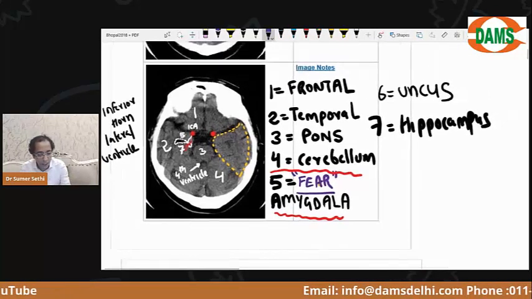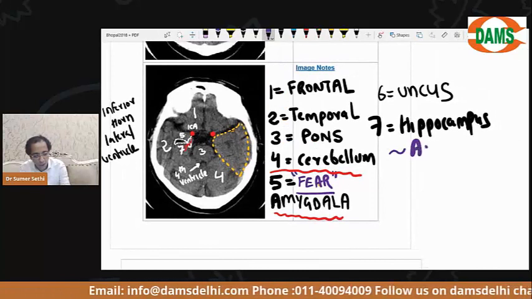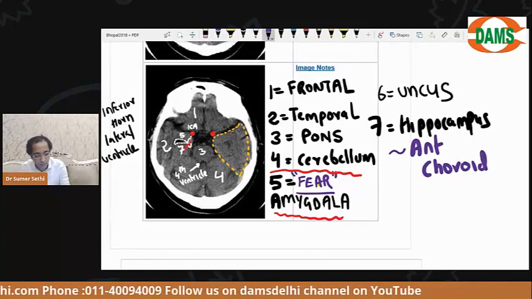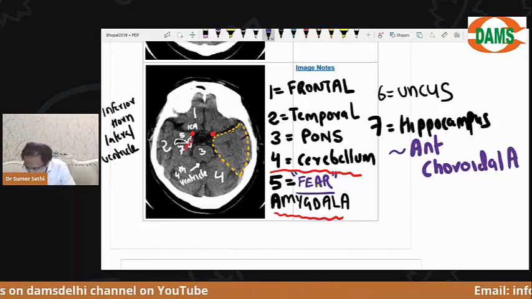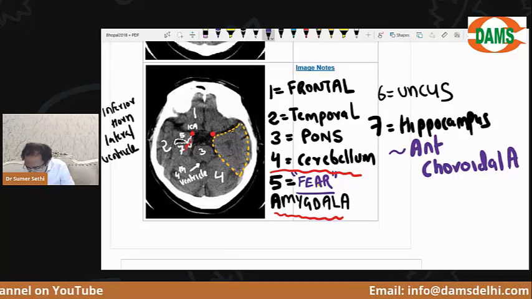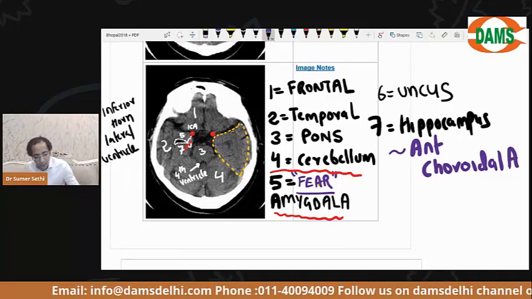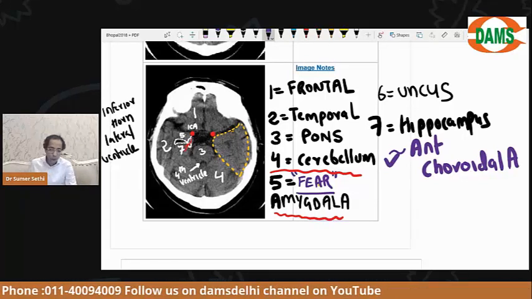Hippocampus is supplied by a branch of internal carotid artery called the anterior choroidal artery.